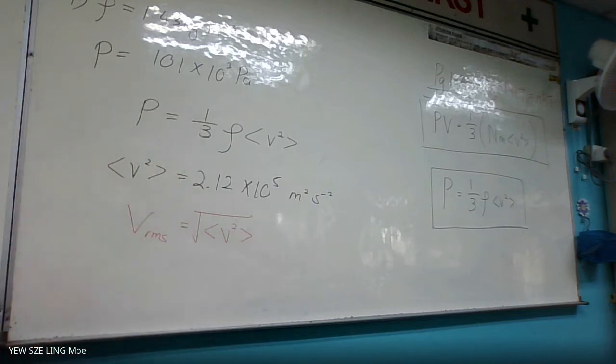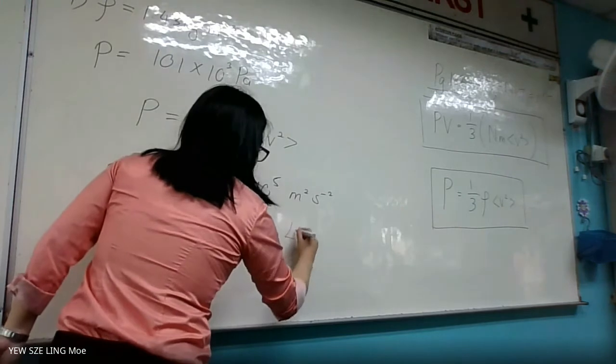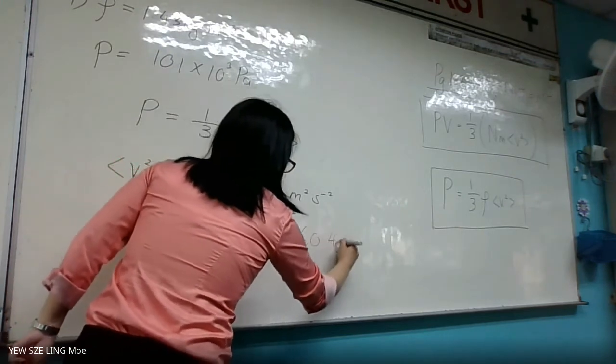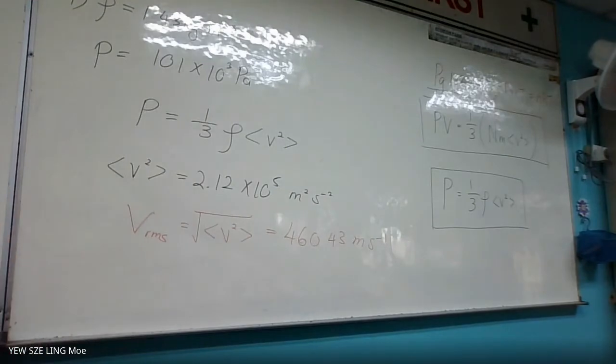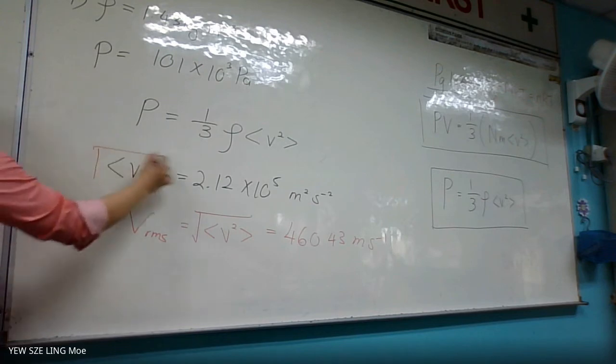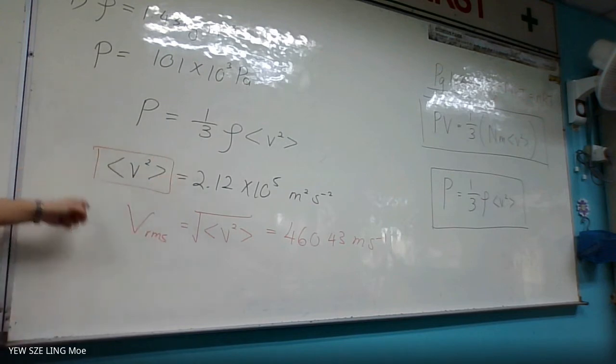The final answer should be 460.43 m s^-1. So that is how you calculate root mean square speed. Based on the information given, the only value that you can calculate is the mean square speed, so for v_rms you need to square root the value.